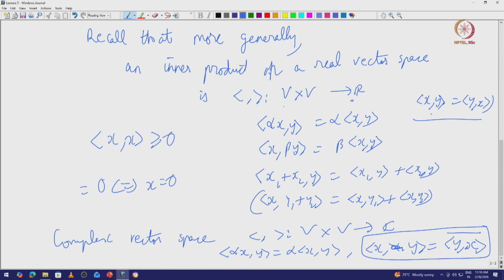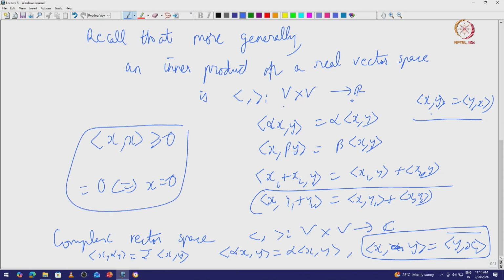So as a consequence, x comma alpha y is alpha bar times x y. This property remains the same, and so does this. Okay, this is the only slight technical complication in a complex vector space. So on our end, the usual dot product functions as an example.